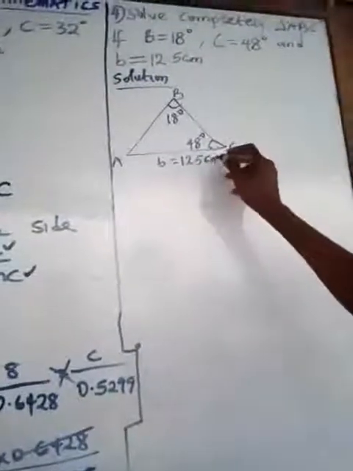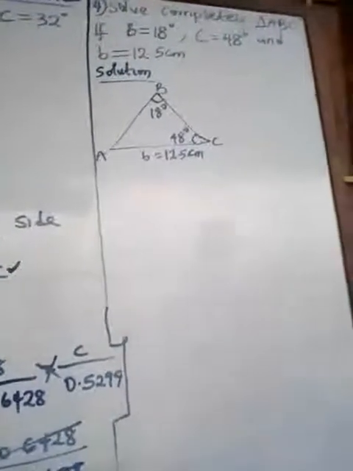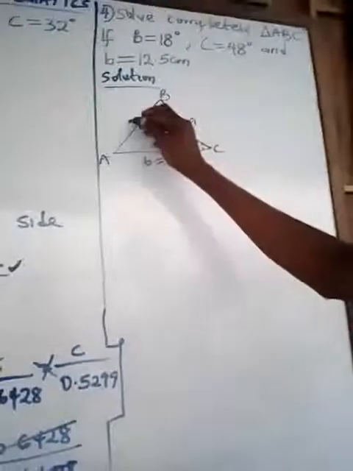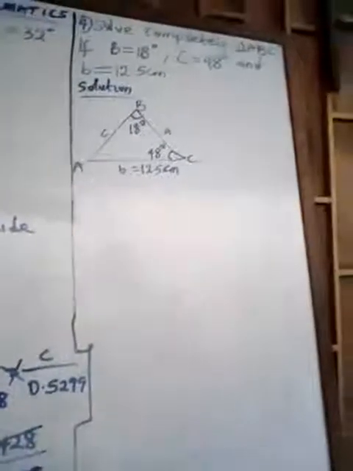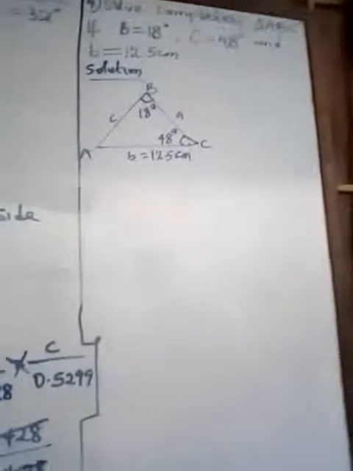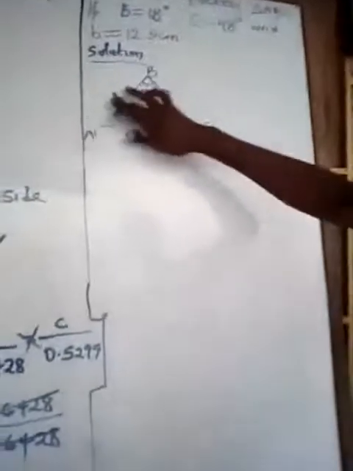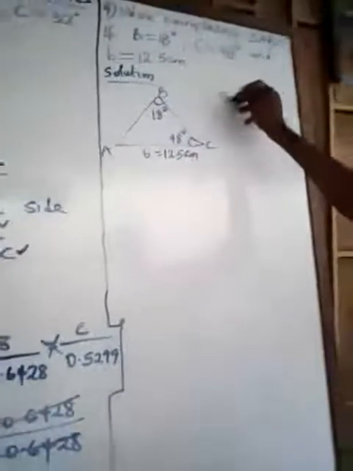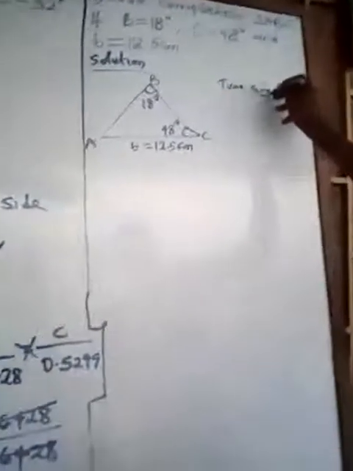Now we're told to solve completely. That means we should look for everything, so we'll look for small letter a and small letter c. That was all we did there also. So how do we know which rule to apply first? We're given two angles and one side, just like the former question.